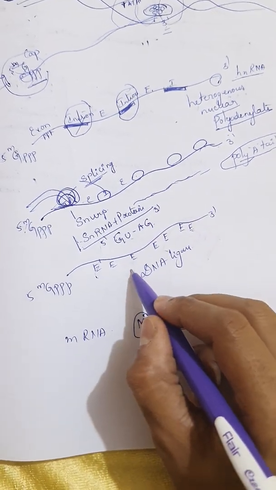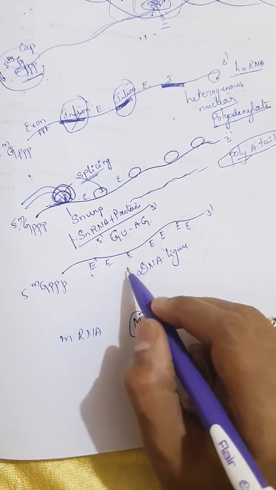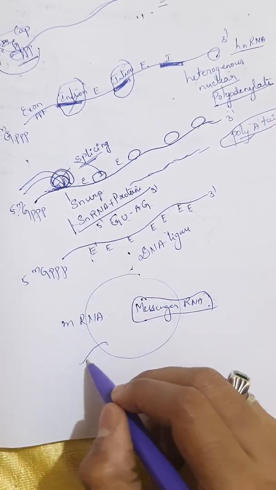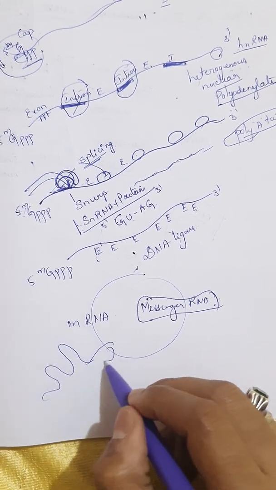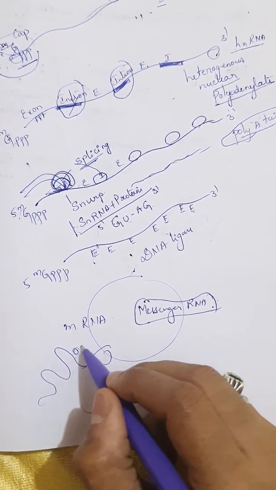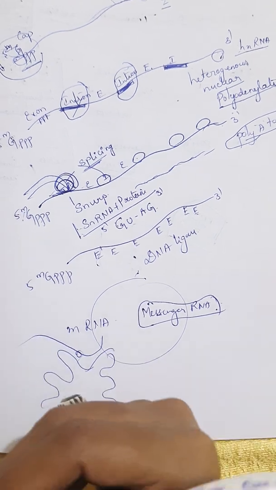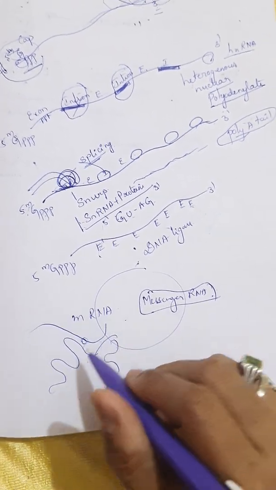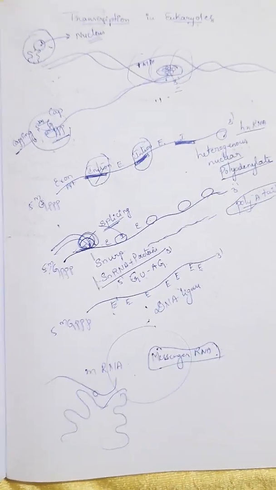Now it is a fully matured mRNA strand. This mRNA strand will come out of the nucleus and attach to the endoplasmic reticulum, which has the ribosomes, and then it will play an important role in protein synthesis. That's why we consider that ribosomes help in protein synthesis. Thank you, students. I hope you understood.